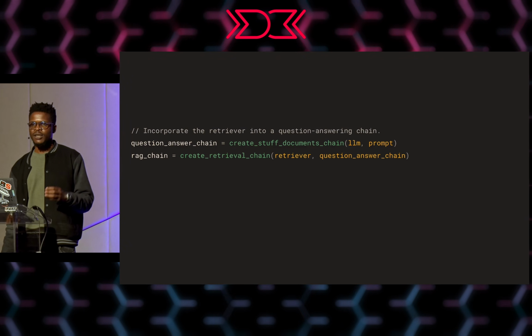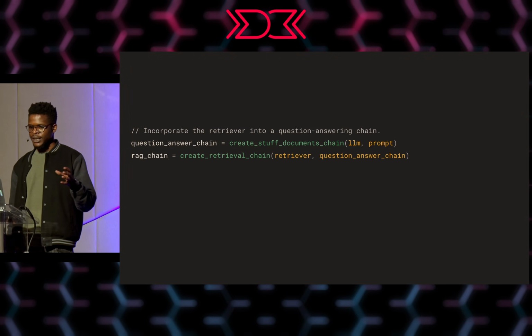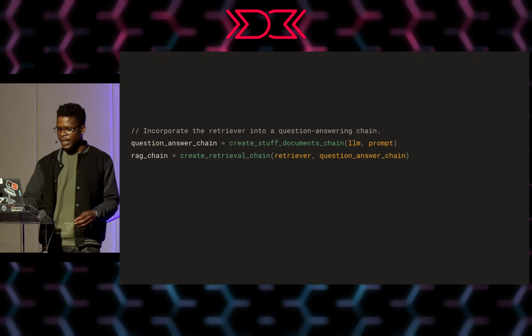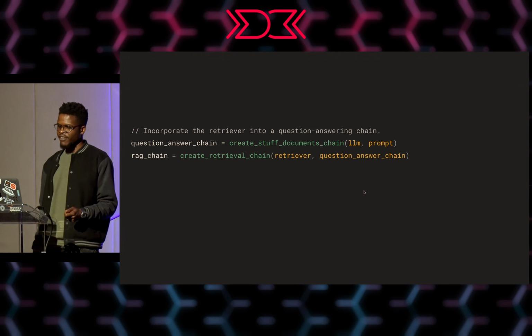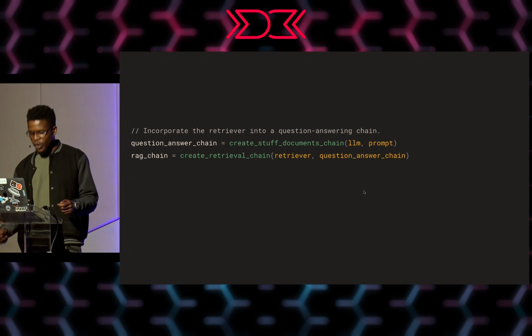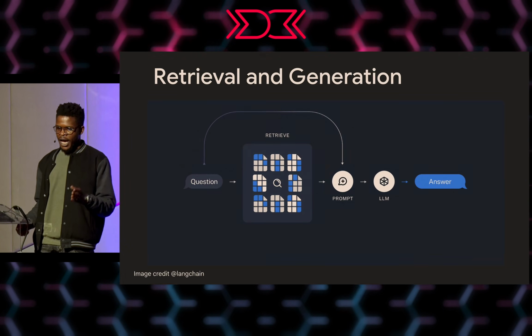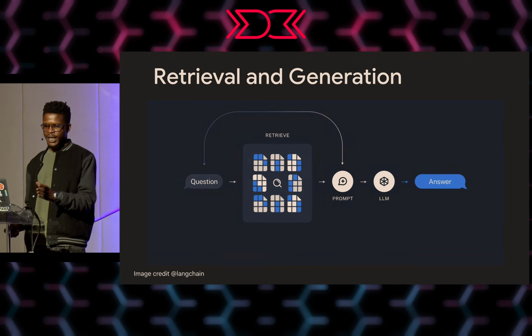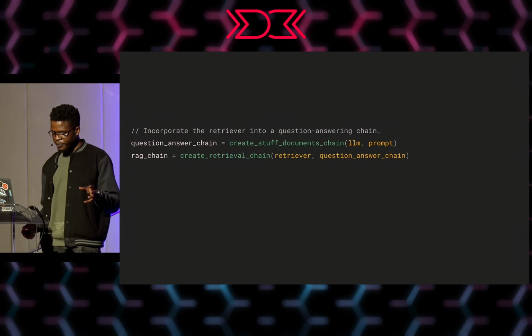The RAG chain is the one that does the retrieval from our vector store. In our retrieval chain, we pass the retriever and the question answering chain. So it goes back to the flow that we had here, where now the prompt is embedded with the question coming from the user.